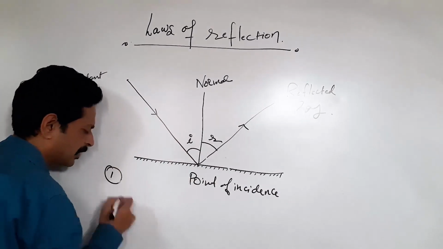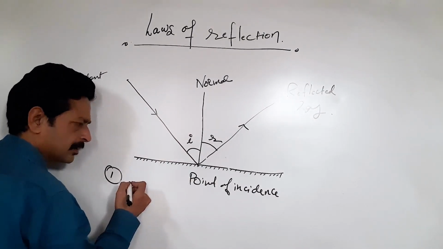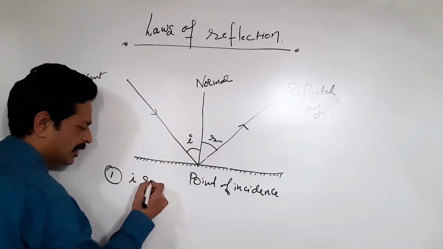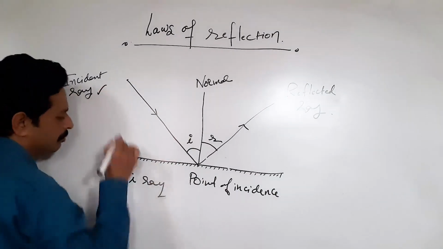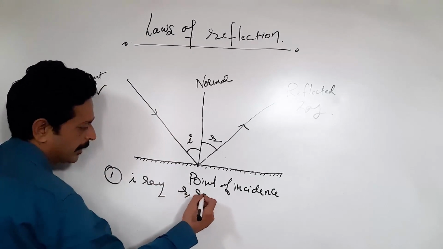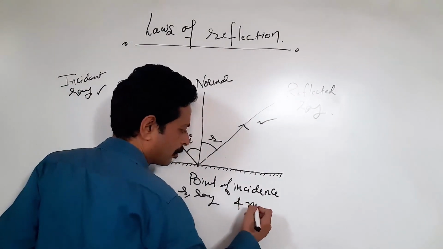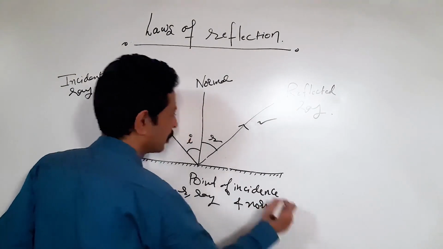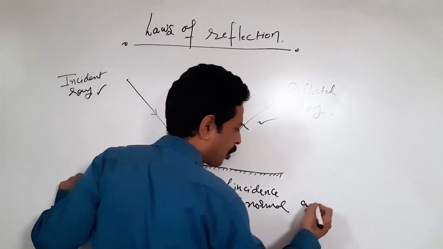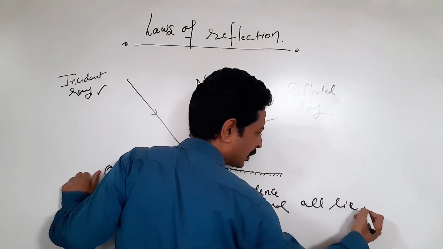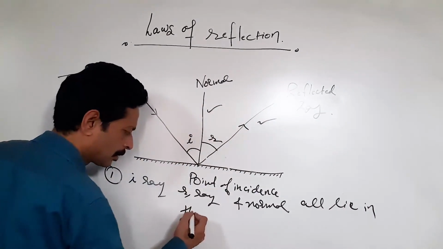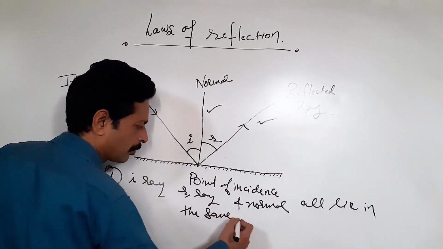Number one law is that the incident ray, this one, the reflected ray, this one, and the normal, this one, all lie in the same plane.